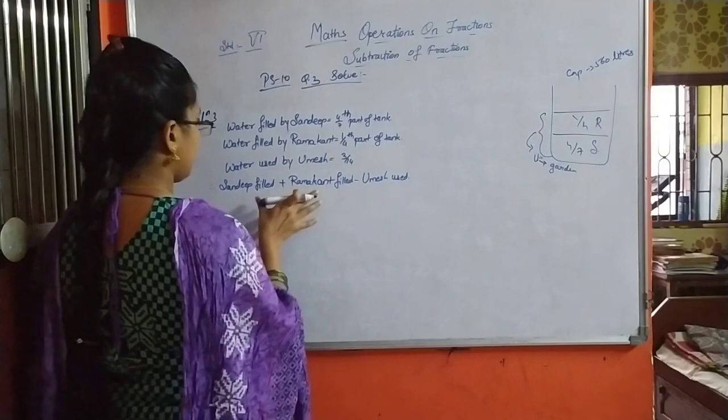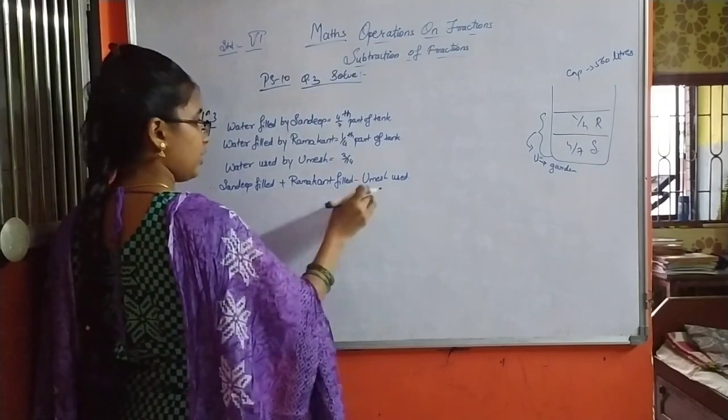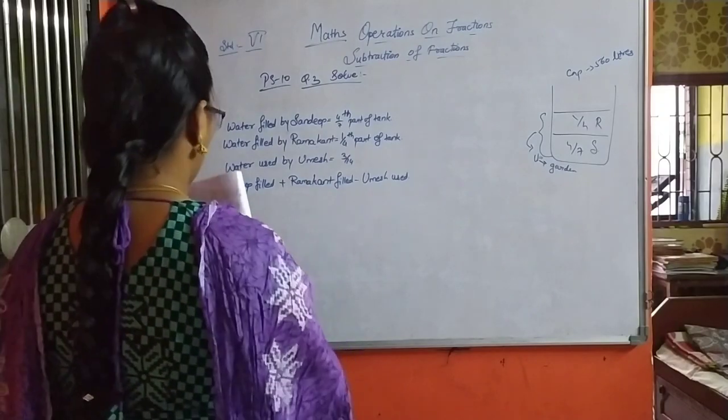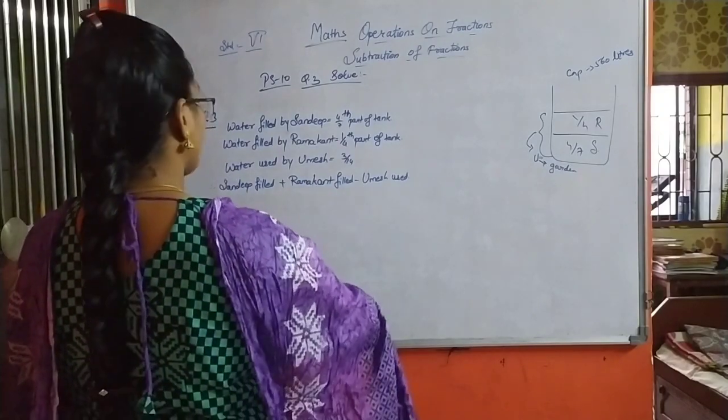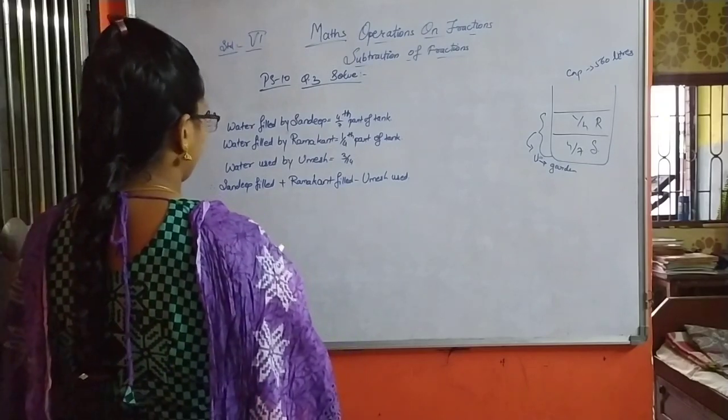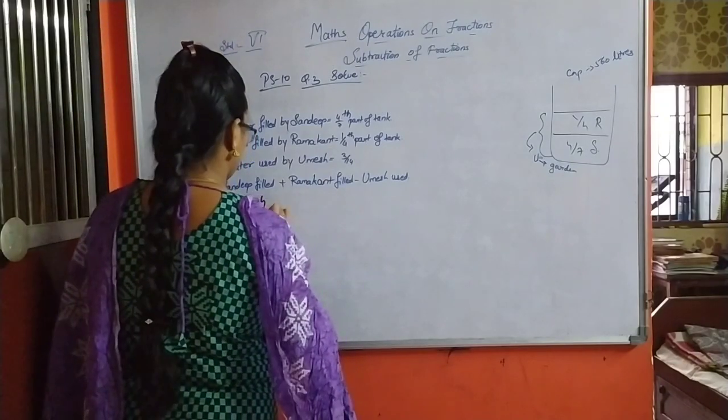That means these both filled the water, so we'll add it. He took the water away, so subtract it. So for adding, I will add 4/7 and 1/4 and subtract it from 3/14.